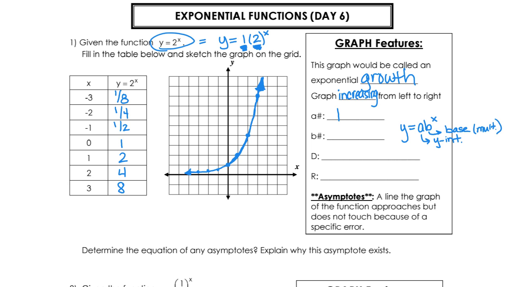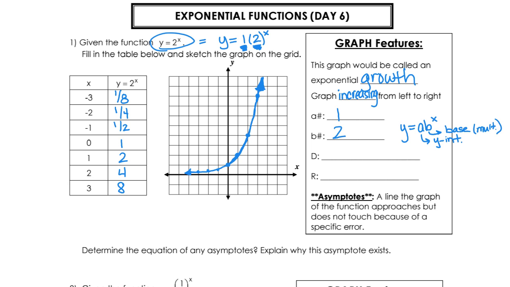Okay, but with that 1 being there, you don't really need to multiply 2 to the x by 1 because that's just 2 to the x. And so that's why you don't see that y-intercept in the equation. Okay. And then our b value will be the number that is our base, or the number that's raised to the exponent of x, which is our 2.